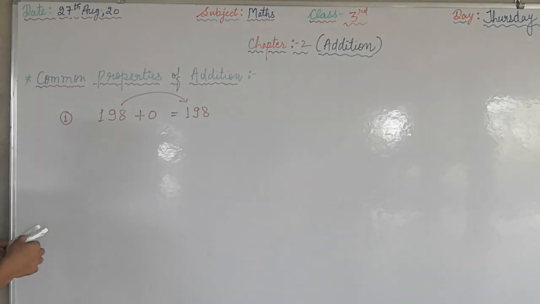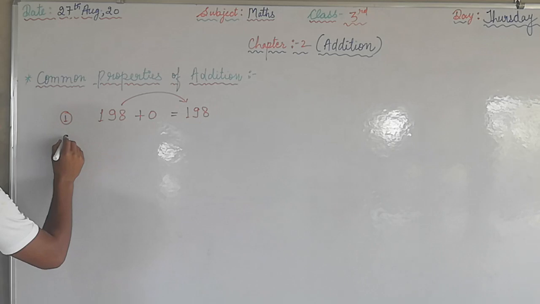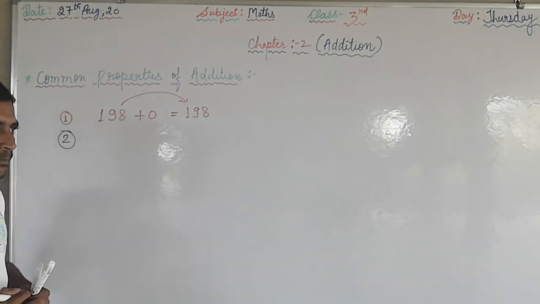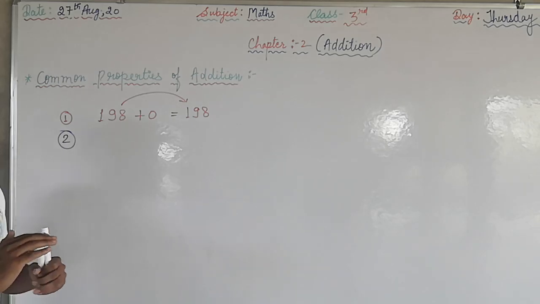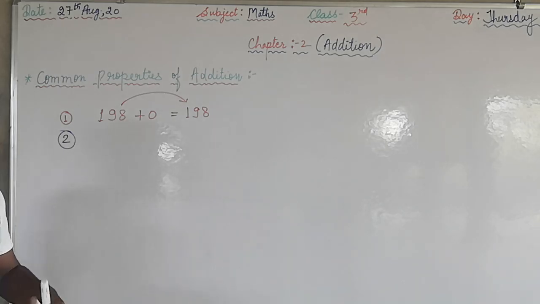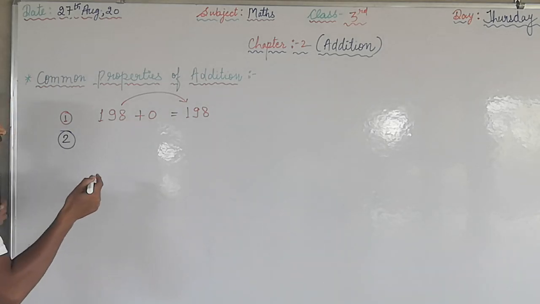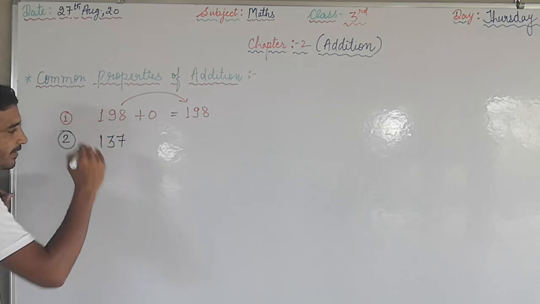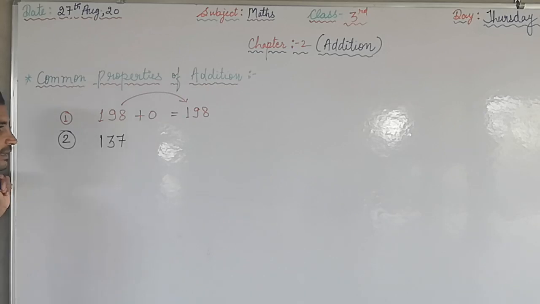Okay, see the next property, that is the second property. If 1 is added to a number, then the result will be the next immediate number. That is, suppose the number is 137.